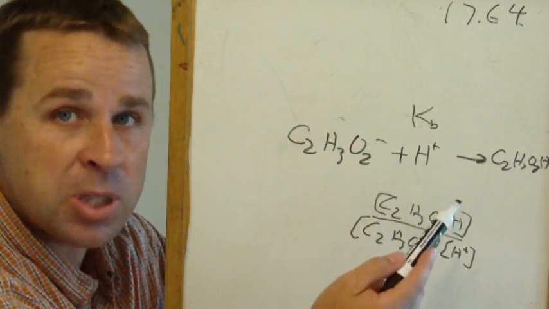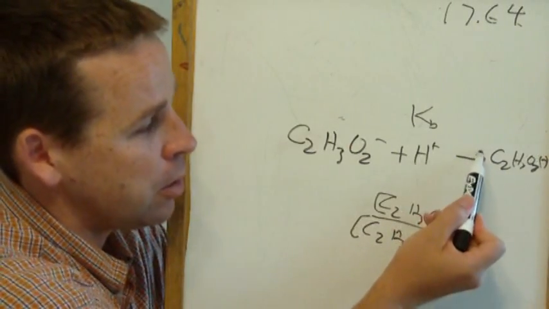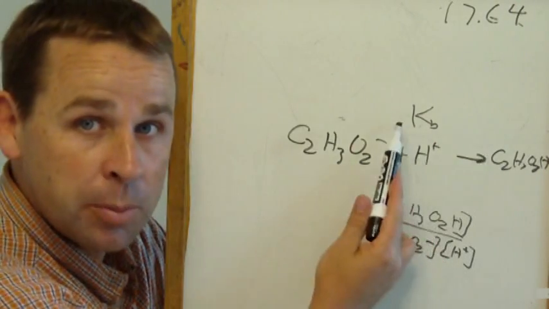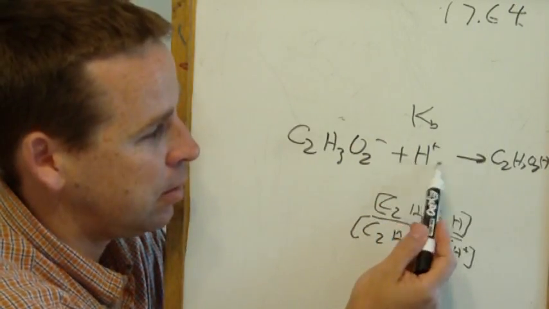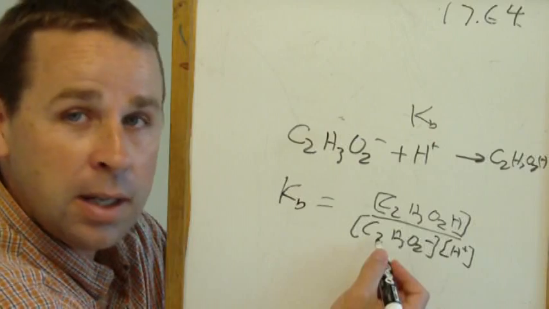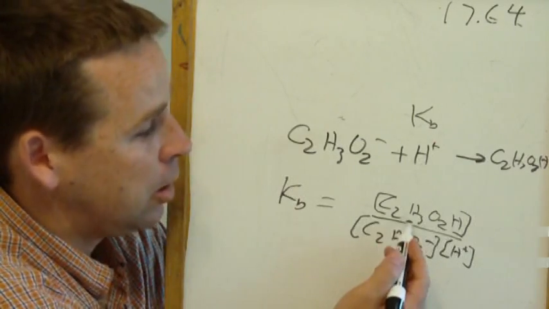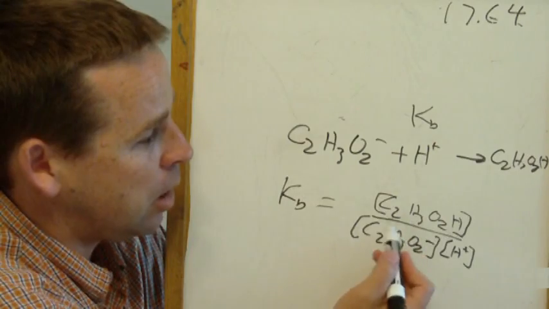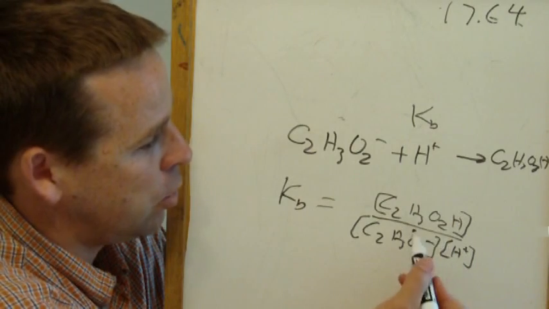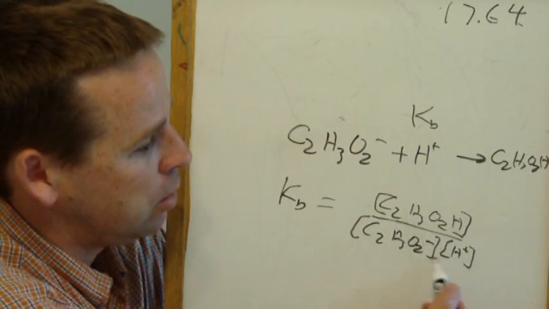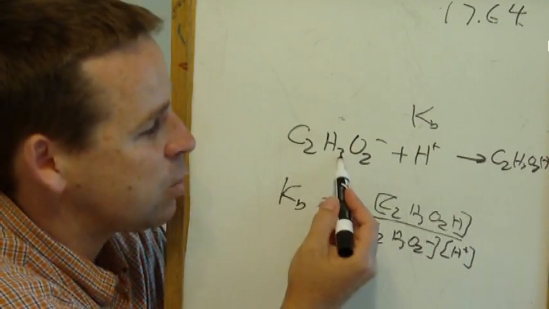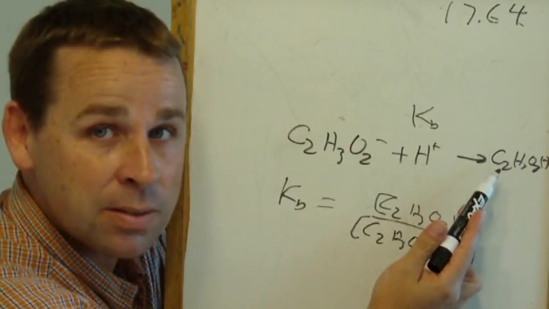The Ka is the opposite, right? It would be the reverse arrow here, of this acid releasing the proton, the equilibrium constant at which this acid is going to be released. Therefore, if our Kb here is a very large number, that means there is a lot of this, or that this concentration is very small. If this concentration is very small, that means this was good at taking that proton and it made this, right?